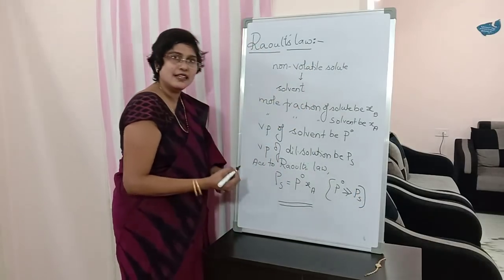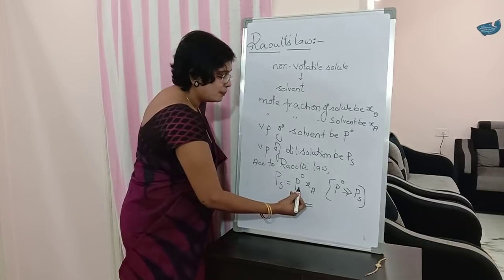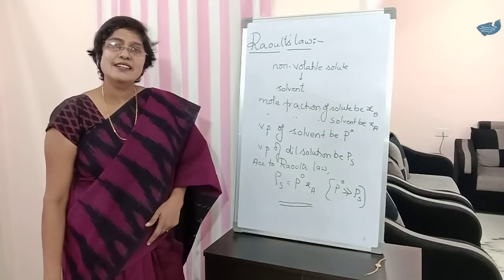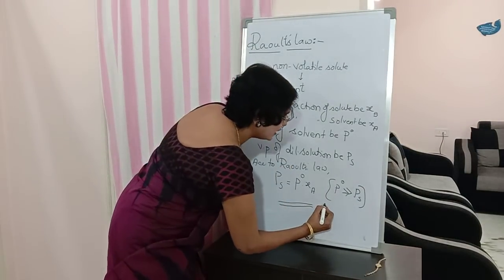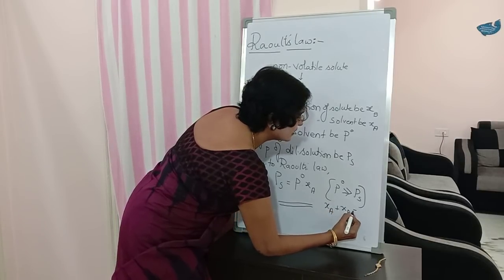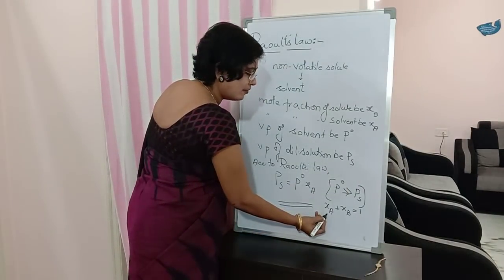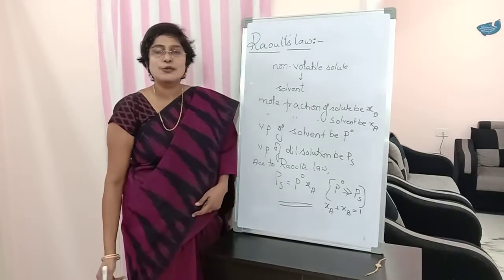Then how come Raoult's law states that PS is equal to P naught multiplied by something? The reason here is, students, you all know that XA plus XB is equal to 1. So the mole fraction of solvent plus the mole fraction of solute is equal to 1.